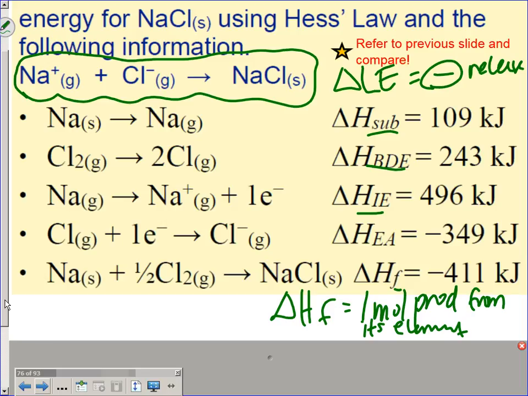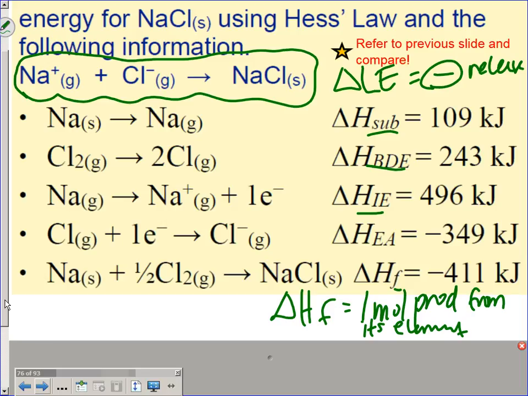Two normal chlorine gases. Is this going to cancel? No. So what do I need to do to this reaction down here? Half it, so multiply by half. How have I manipulated delta H? Flipped it and divided by 2. That was 243, so negative 243 divided by 2.